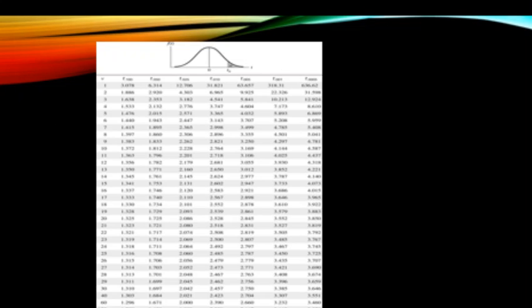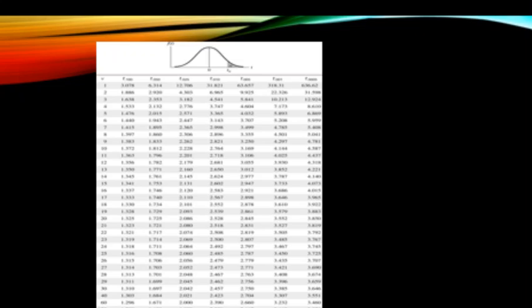Okay. Now we need a 95% interval. So let's see what the z alpha by 2 value is. So for a 95% interval, 1 minus alpha is 0.95, alpha is 0.05, and alpha by 2 is 0.025. So basically, we need z alpha by 2 or z 0.025.